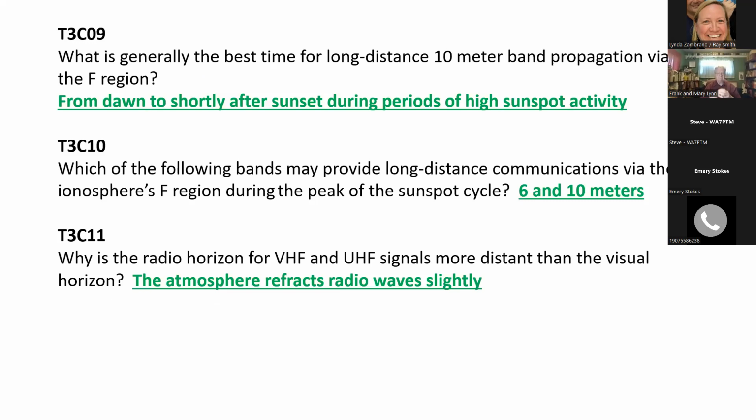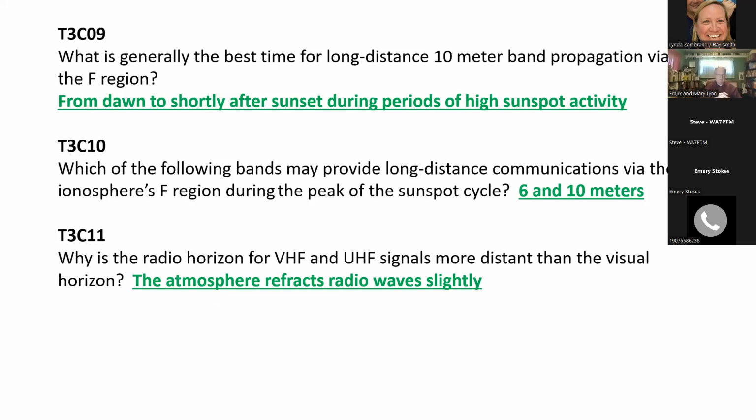Okay. What is generally the best time for long distance 10-meter band propagation via the F region? Okay, from dawn to shortly after sunset during periods of high sunspot activity. Now, why is that?